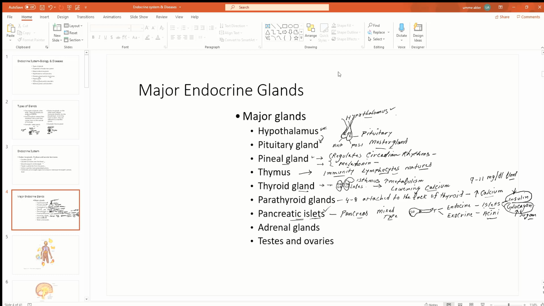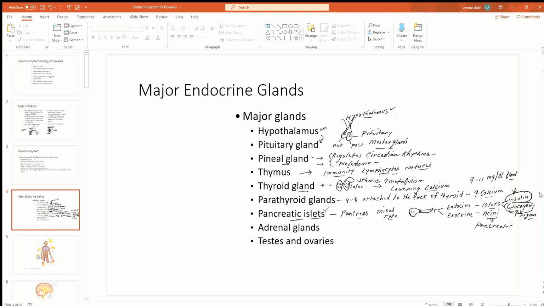So when you eat a lot of sugar or carbohydrates, the insulin is secreted more, right, to lower the blood sugar. When you are starving, you are not getting sugar from outside, your glucagon will be released more to increase the blood sugar. Exocrine part of pancreas or pancreatic acini produces pancreatic juice.